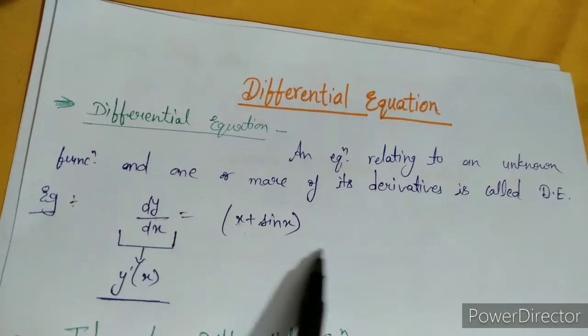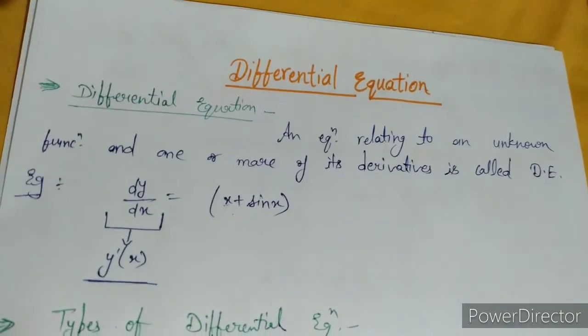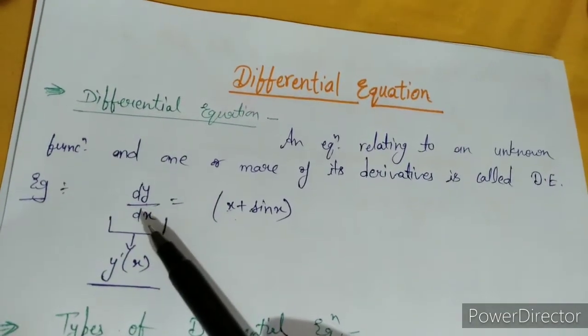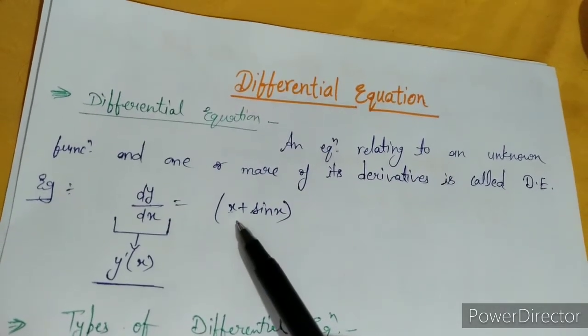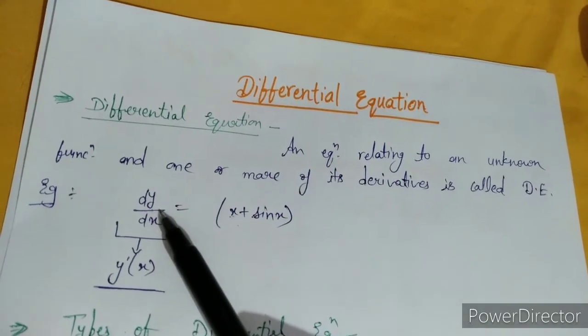So this total equation is defined as a differential equation, and this differential equation defines that this is the function of y, and we can say that this is the derivative of y, and this is the unknown function here, but this y function is a dependent function here.